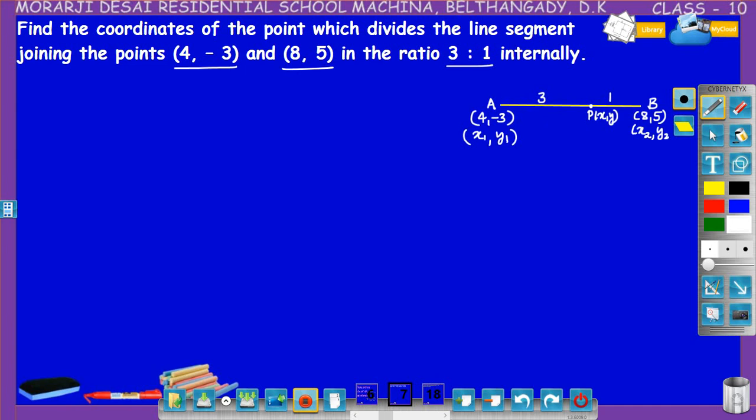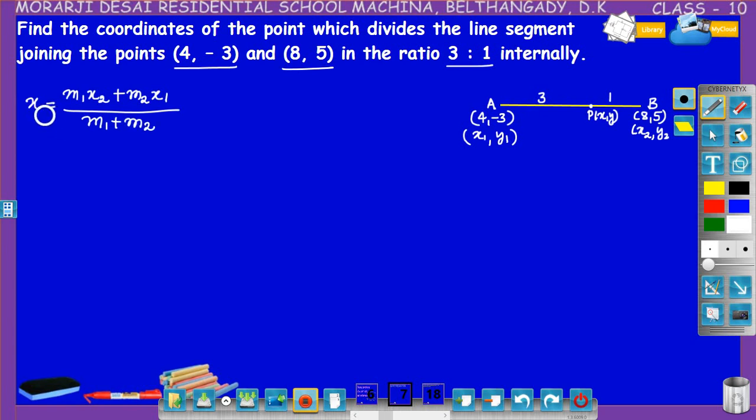Now you have to find the x coordinate and y coordinate of point P. Let us find the x coordinate and y coordinate separately. Now x is equal to m1 x2 plus m2 x1 divided by m1 plus m2.